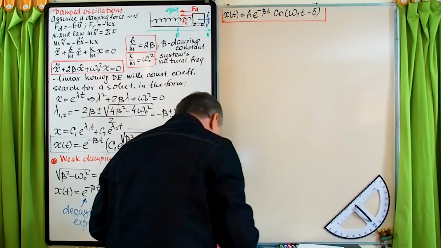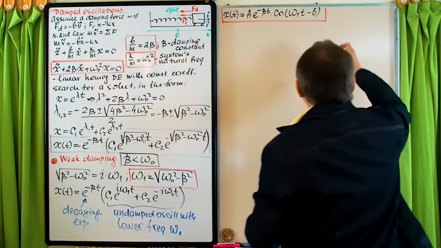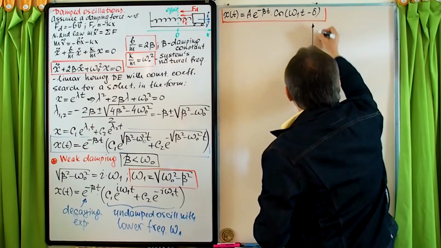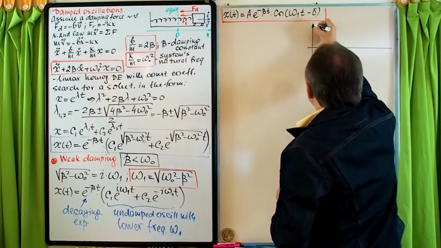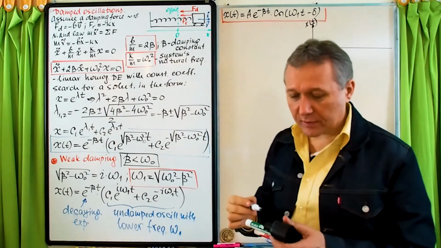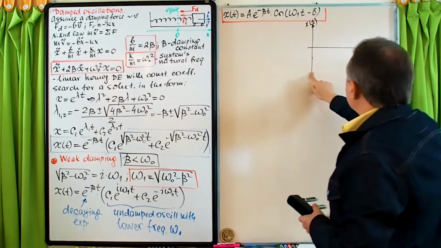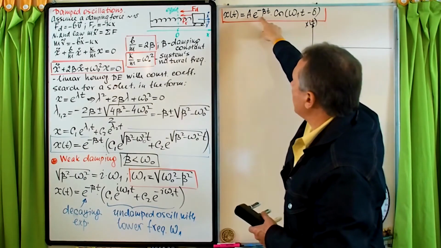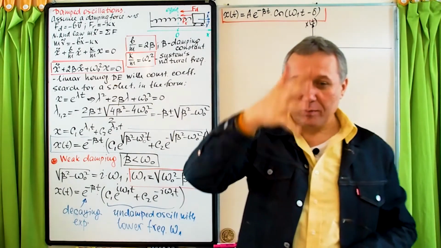So now, of course, we can plot it. Let's just quickly plot it. So that's x. Again, what is x? It's the response of the system, the displacement of the system from the equilibrium, right? So we have undamped oscillations, but then we have a damping factor. As a result, those undamped oscillations are sort of modulated.